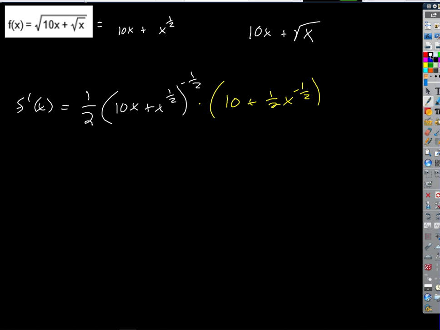So if I clean all that up, let's just write it top and bottom. On the bottom, I've got a 2. On the bottom, I've also got a square root, it looks like, of all that stuff. And then what have I got here? I'm multiplying this whole thing by 10 plus 1/2.